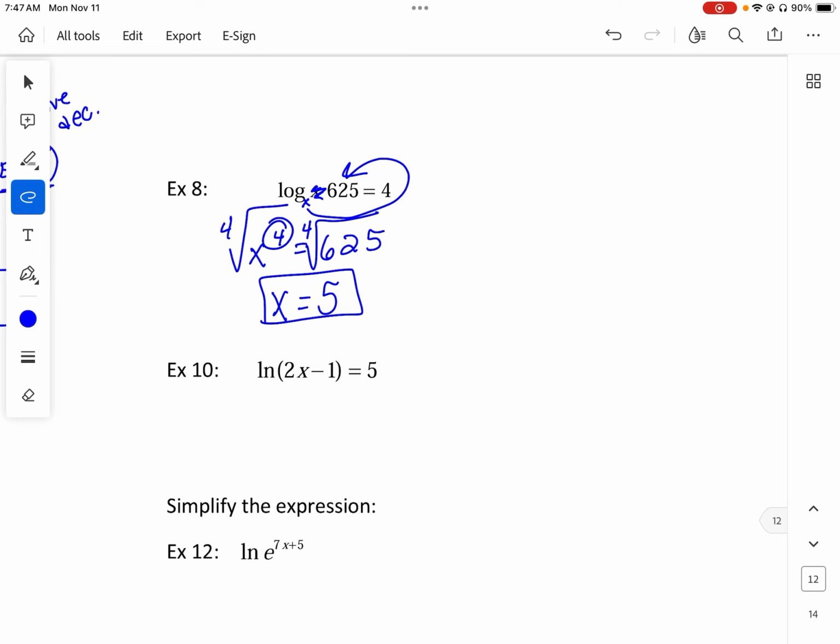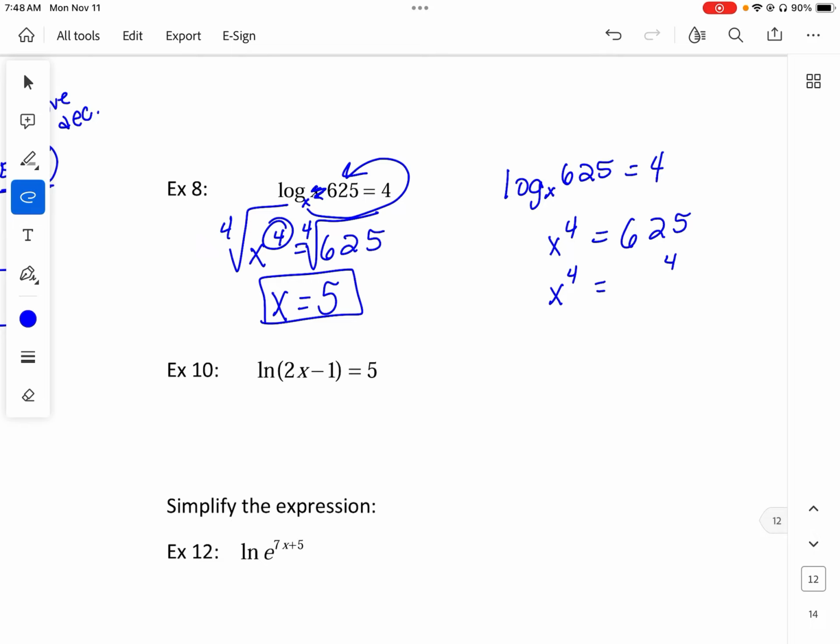The other way to do that would be log base x of 625 equals 4. We could do x to the 4 equals 625, and then you would find out what to the 4th gives you 625. You could look at different numbers. Because it has a 5 on the end, I would say 5.